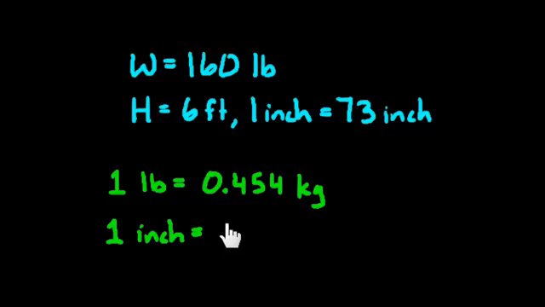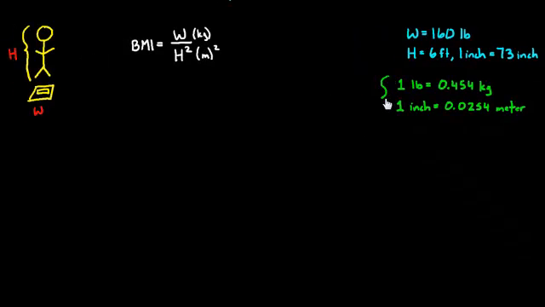And so it's 0.0254 meters. So now I've got my conversions, and actually what I can do is take these numbers and plug them in here to help me easily convert, to make my equation much simpler for me to use.